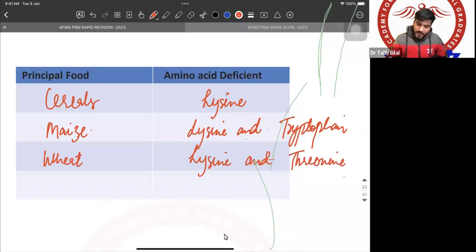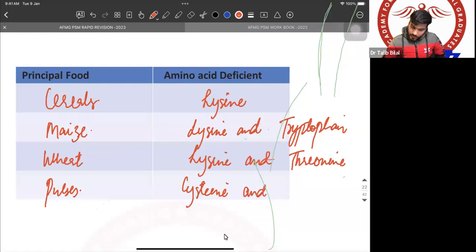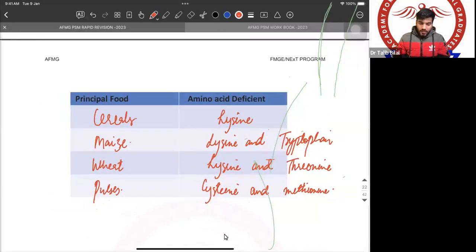These are the PYQs, guys. And the last one, pulses. Remember PCM: that is cysteine and methionine. Is that clear? Okay, guys. Done.